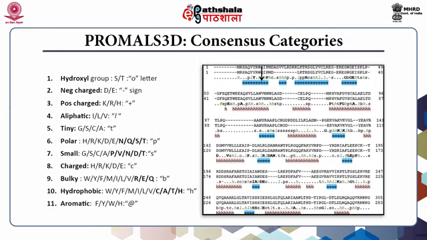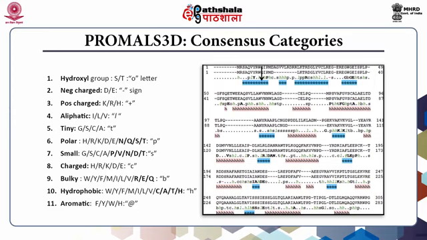There may be any one of the 9 small amino acids indicated with the lowercase letter s. The conservation of any of the 5 charged amino acids in a column is indicated with a lowercase c. Any one of the 10 bulky residues is indicated with lowercase b, and any one of the 11 hydrophobic residues is indicated with the lowercase h.